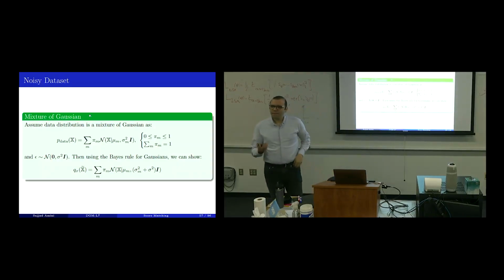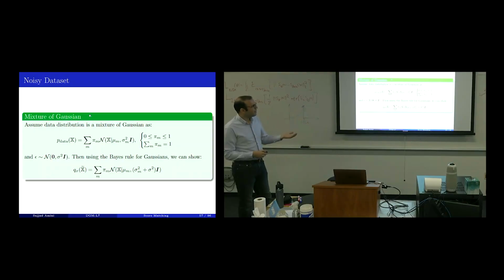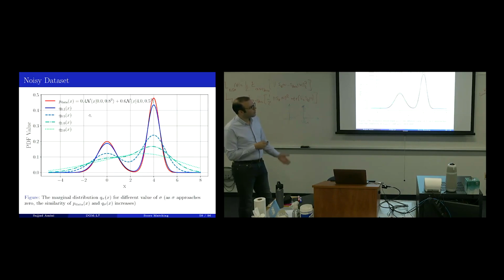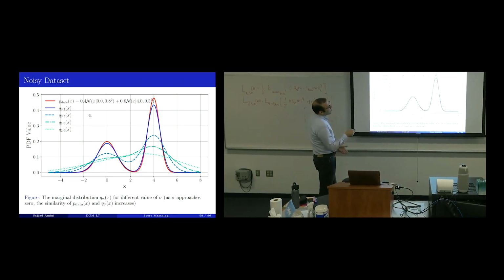So, we see that if we have a distribution, we can make a noisier version of it. And in the case of the Gaussian, we can have the closed form for the noisy version. This is the original data, this is the noisy version, and this is the result. I have 0.4 times this Gaussian and 0.6 times this Gaussian.